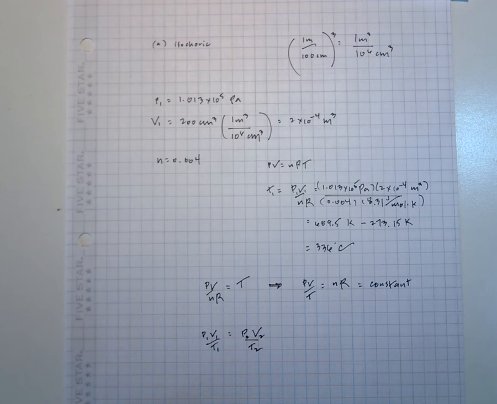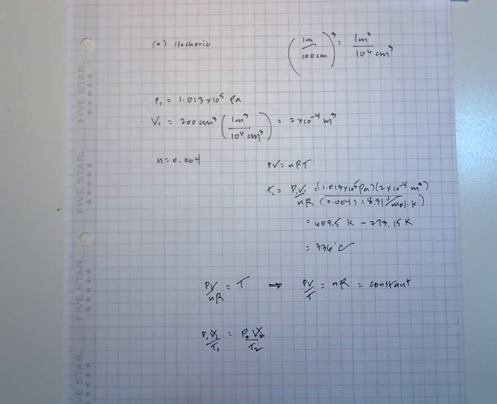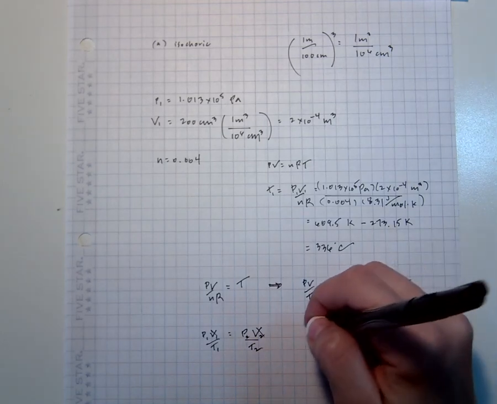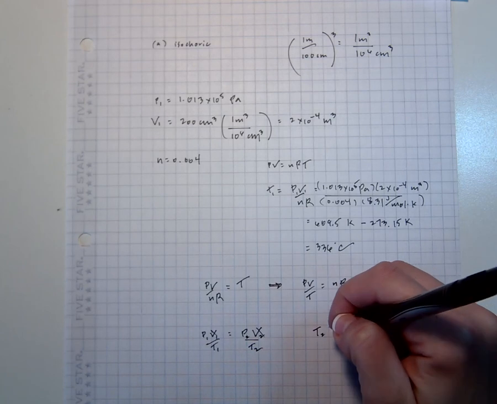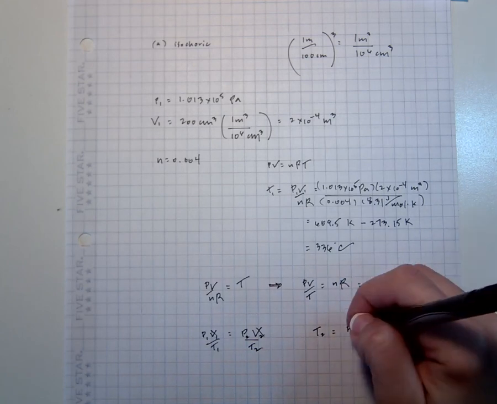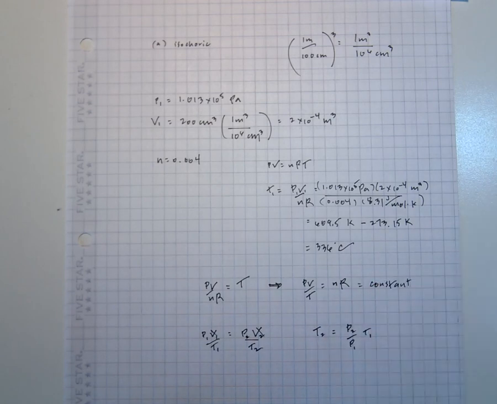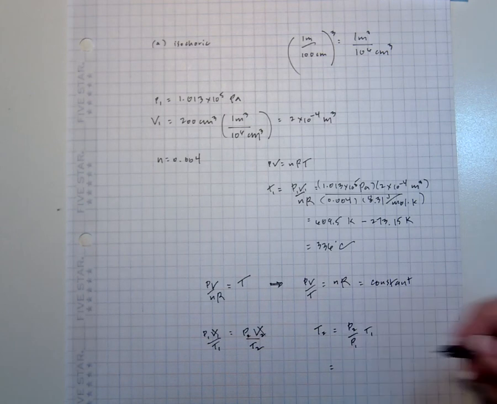Now, the nice thing about that is that it's a constant volume process. So, cancel the volumes. You get T2 is equal to P2 over P1 times T1. So, take the ratio of the pressures.